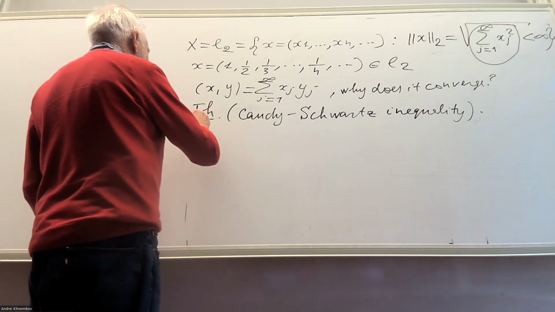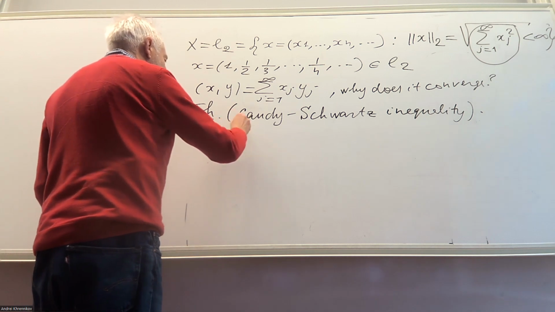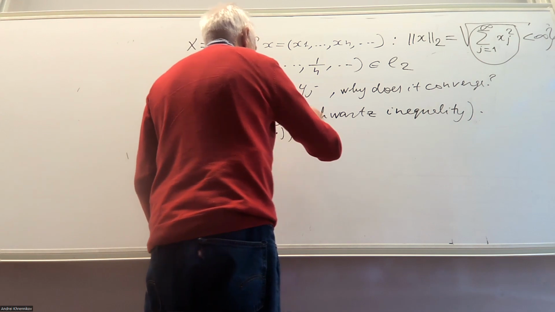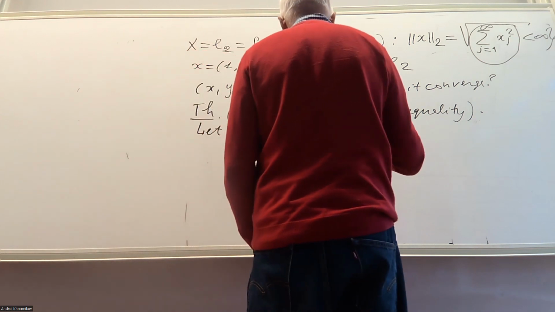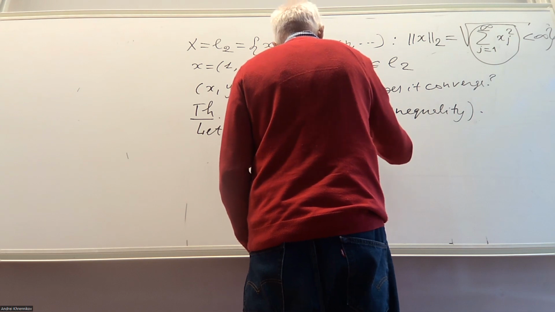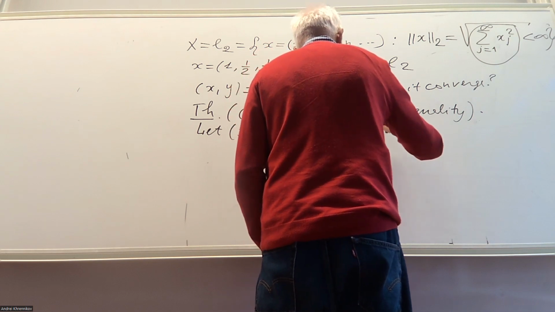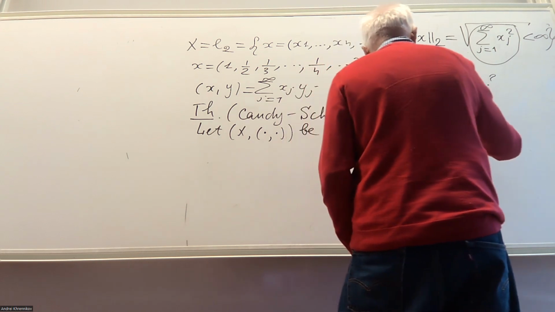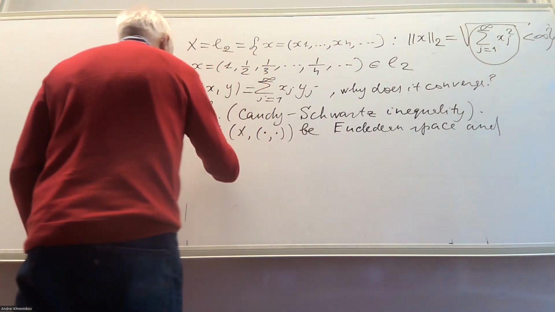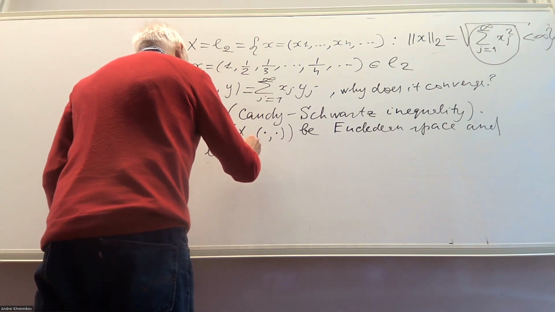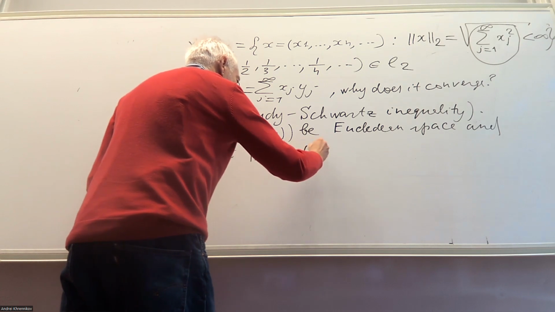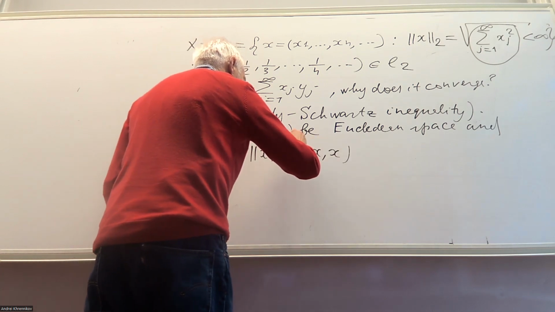How to write this theorem? Let X with the scalar product be a Euclidean space. And let us define the norm of x per definition as the square root of the scalar product of x with itself.